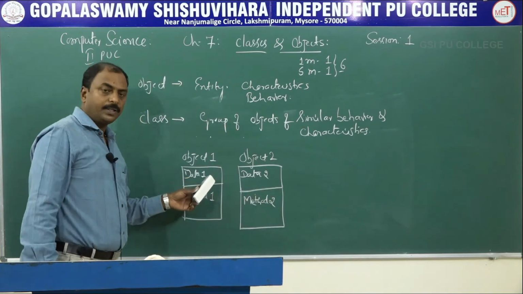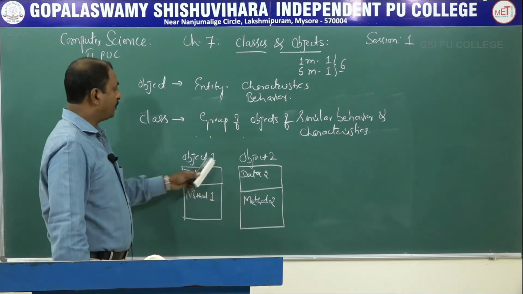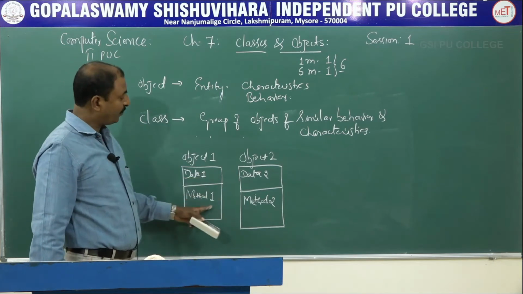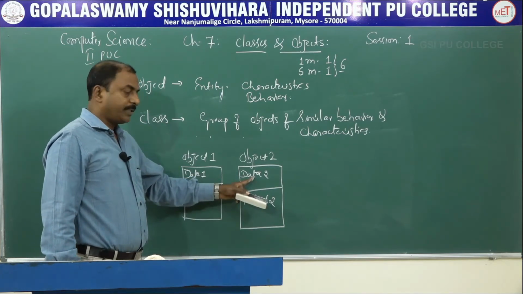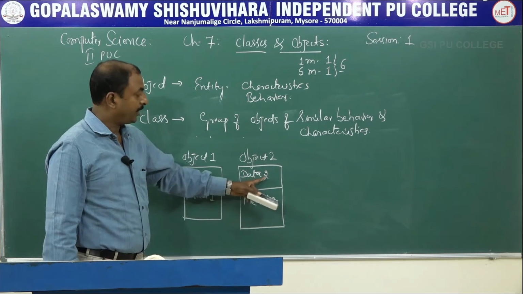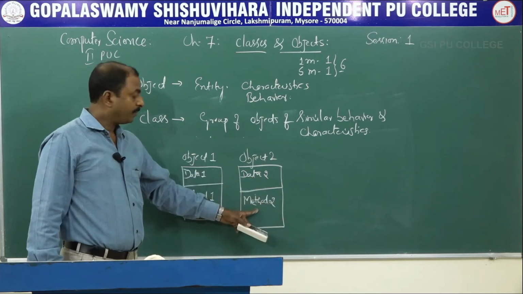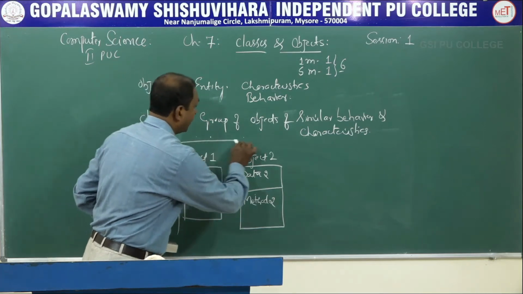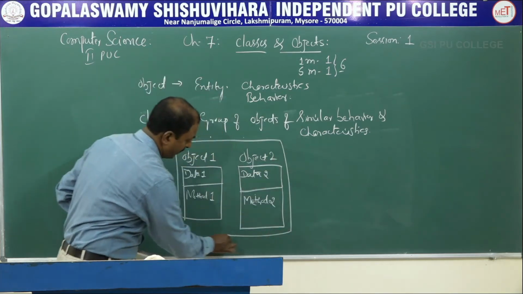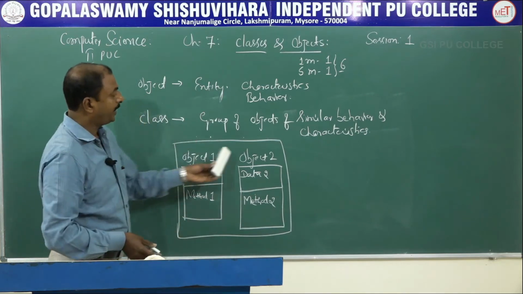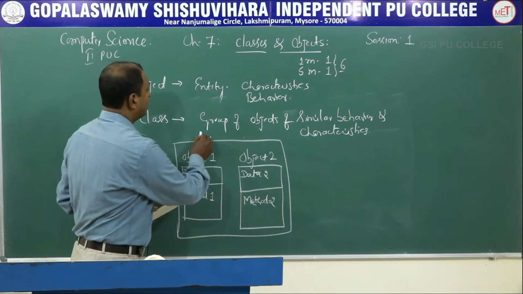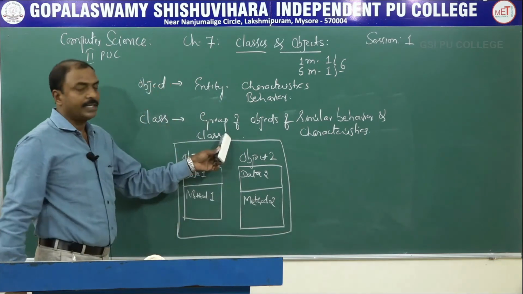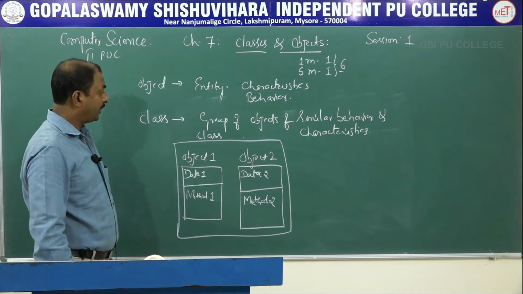Here in this example there are two objects. Object 1 has its own data, variables and member function. Similarly, object 2 has its own data, variables as well as member function. So what is a class? Class is nothing but a group of objects, or it is going to combine the objects into one single unit or one single entity. So this is how we represent class.